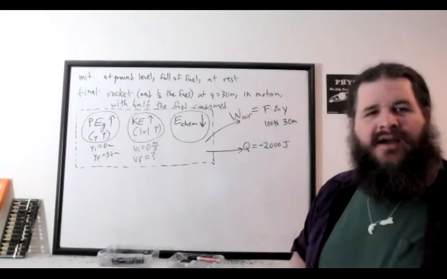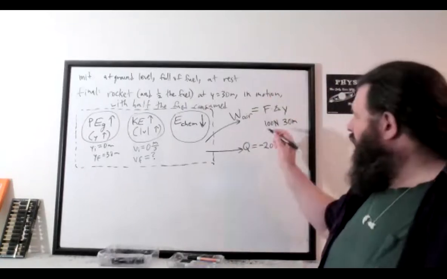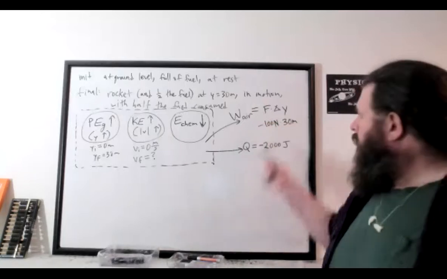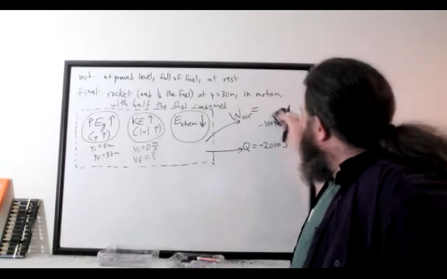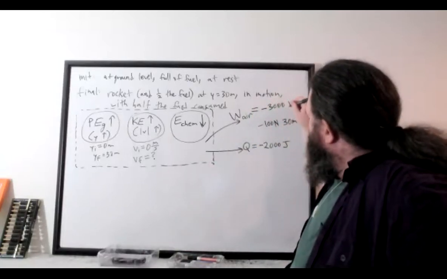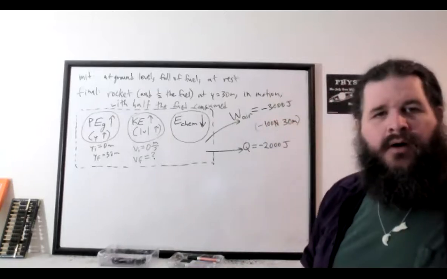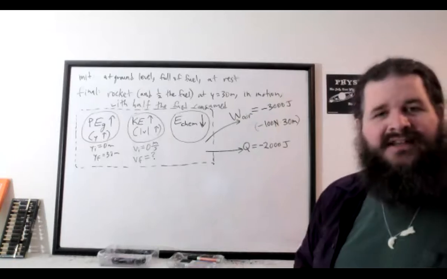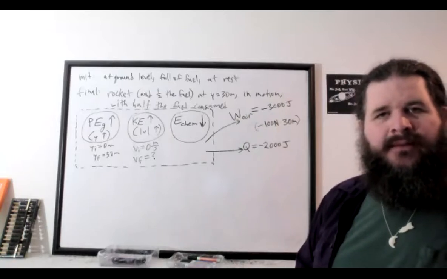However, since it's traveling upwards and the force is downwards, the force is acting against the distance traveled, so we're going to call that a negative 100 newtons of force. Multiply those, we get negative 3,000 joules. So we know the amount of work, we know the amount of heat, so we get a total of 5,000 joules of energy leaving the system as work and heat. Any questions on that setup so far?